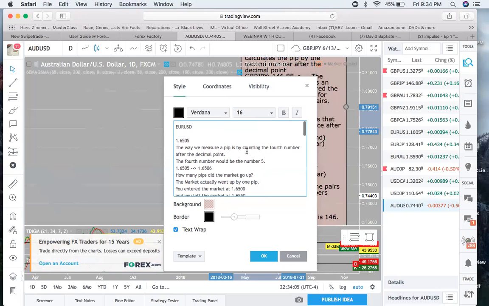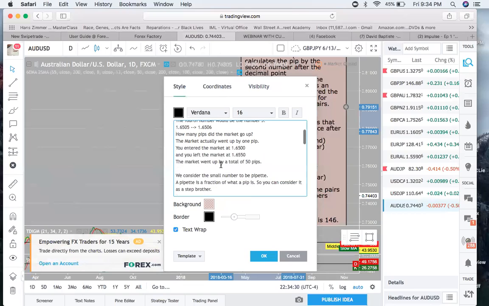All right, so just to go back, the way we measure a pip is by counting the 4th number after the decimal point for certain pairs. Right, the 4th number would be the number 5 when it comes to EUR USD. So the example that I gave is 1.6505.